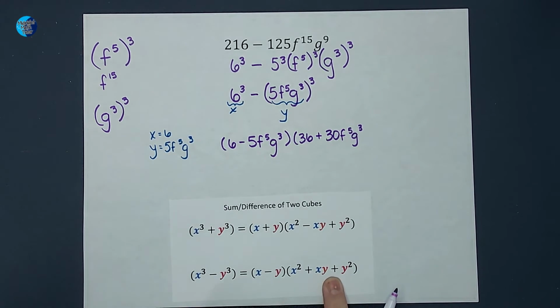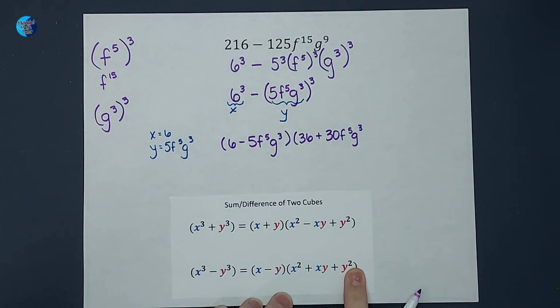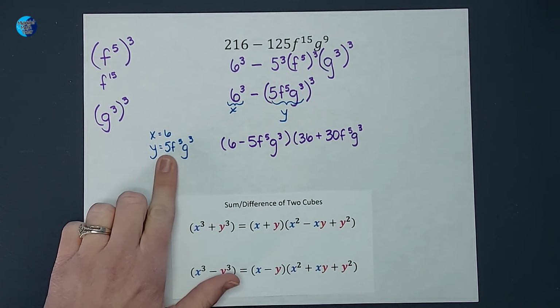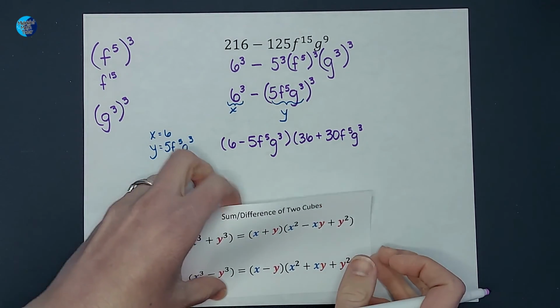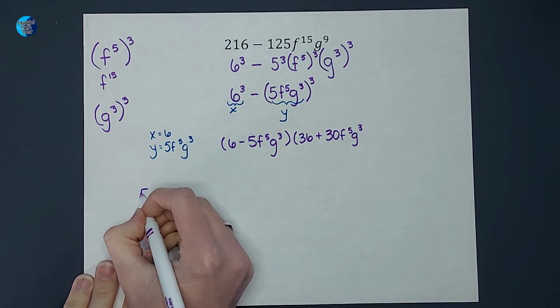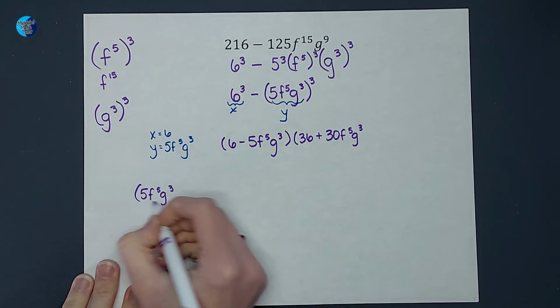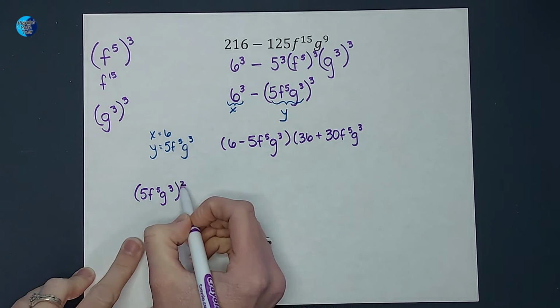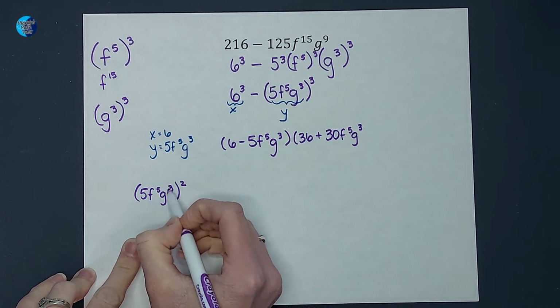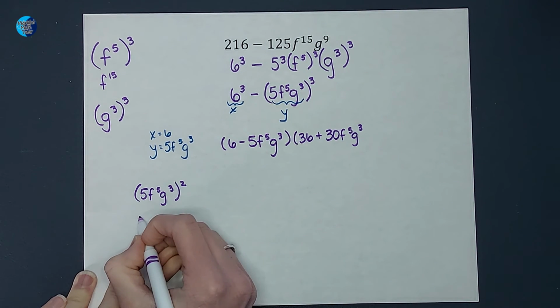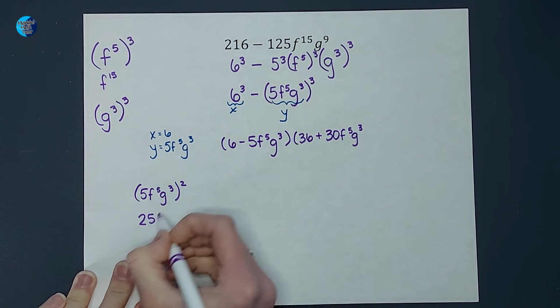And then I just add y squared. All right, so remember, this is my y. If I'm squaring that, we can write it out if we'd like to. So f to the 5th, g to the 3rd. We are squaring this. Well, the square needs to go to each one, right? So 5 squared would give me 25.